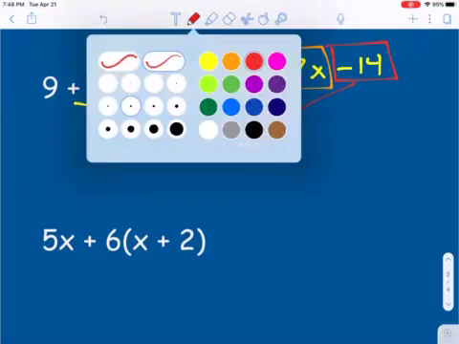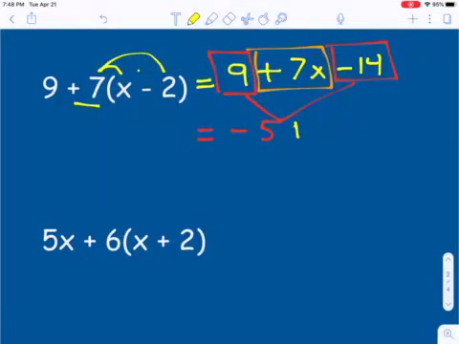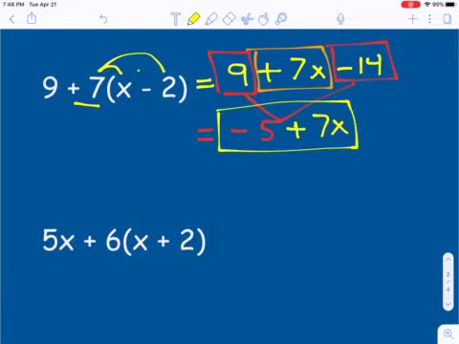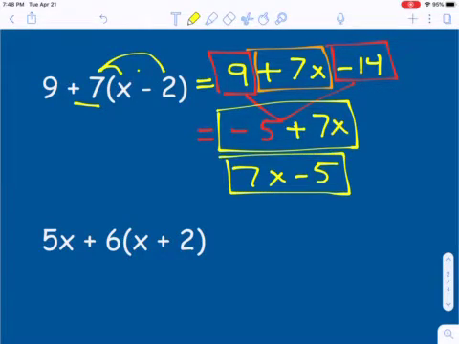And then I can take my plus 7x, and there was nothing else to combine it with. This is what I wind up with for my finished expression: negative 5 plus 7x, or if I want to write it properly, 7x minus 5. But both are correct. It doesn't matter.